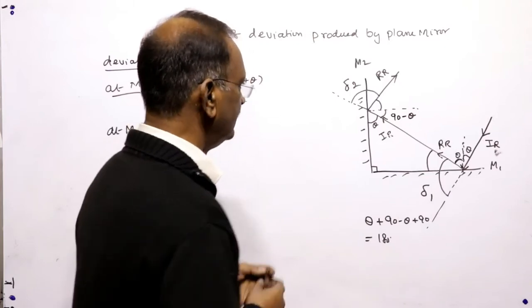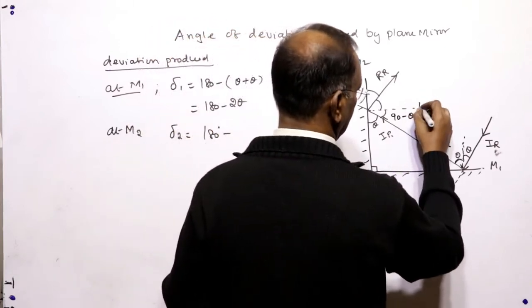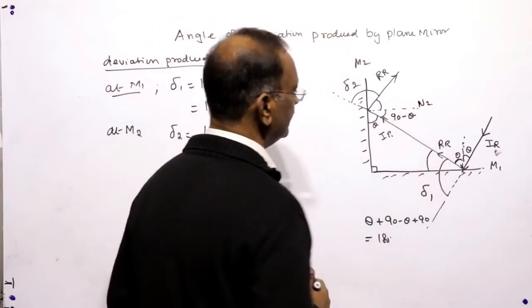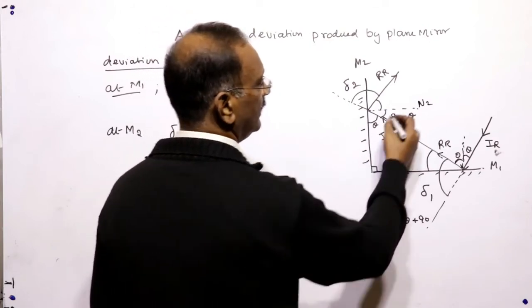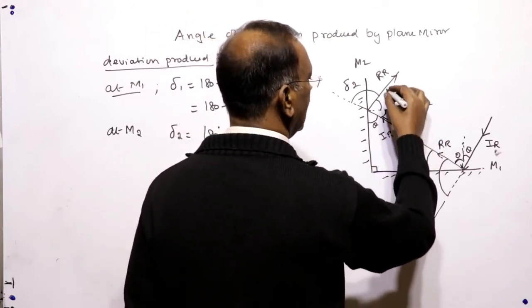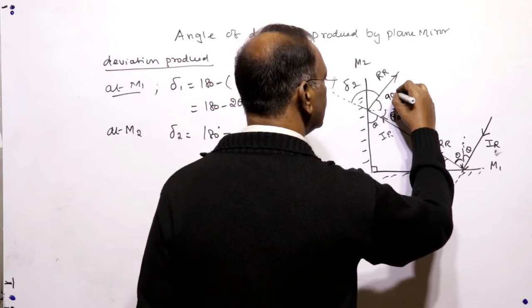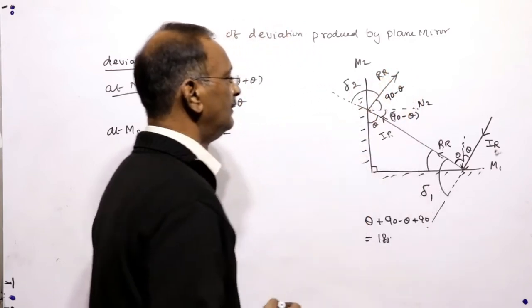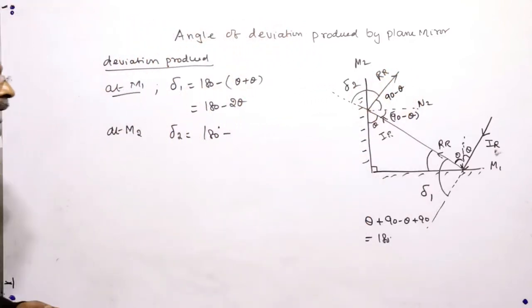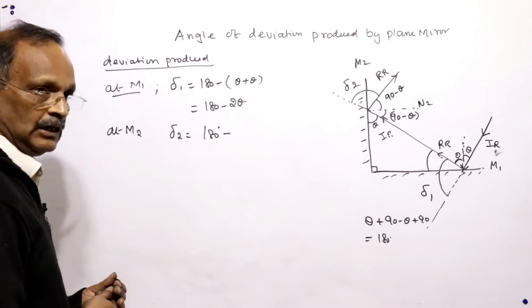This 90 minus theta is the angle between the normal and the incident ray. The angle of incidence is 90 minus theta, and the angle of reflection is also 90 minus theta, because the angle of incidence equals the angle of reflection according to the law of reflection.